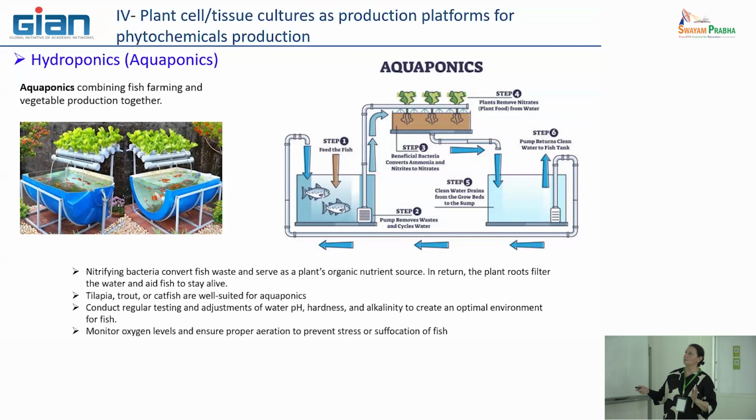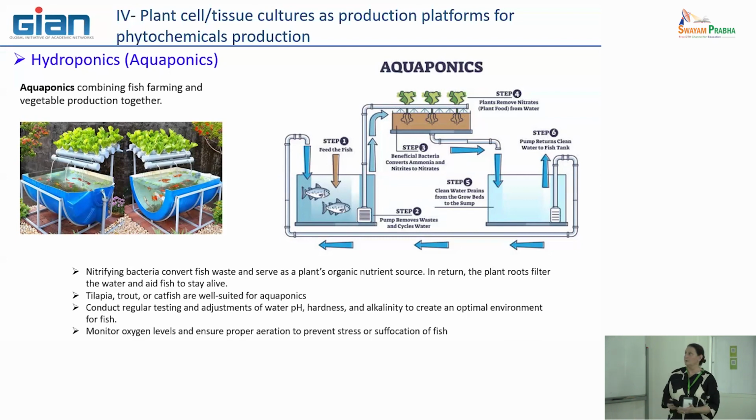This nutrient solution comes back to another type of compartment that is linked with the fish compartment, because the plants release lots of nutrients that are interesting for fish. So it's quite a virtuous cycle between plants and fish. One feeds the other, and it is always the same. And by this way, it can be completely autonomous.